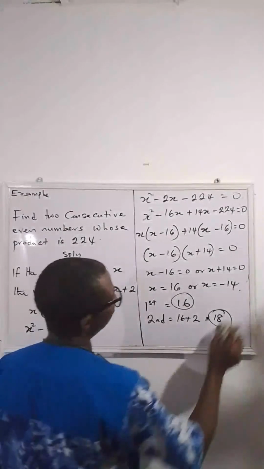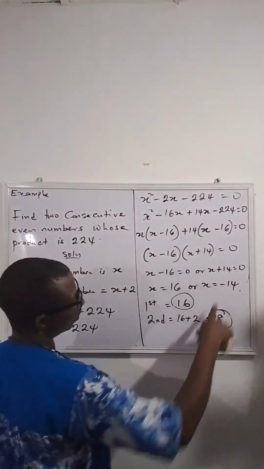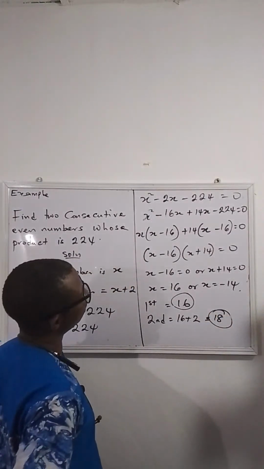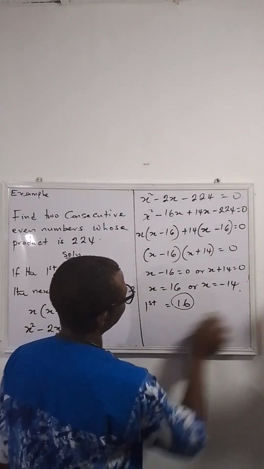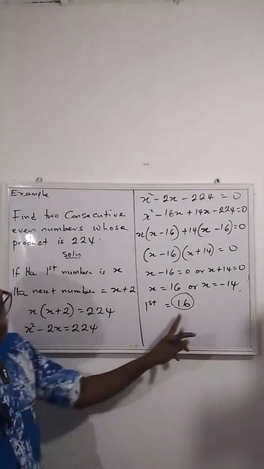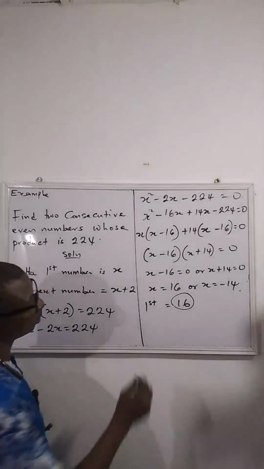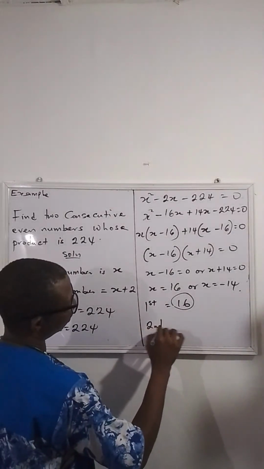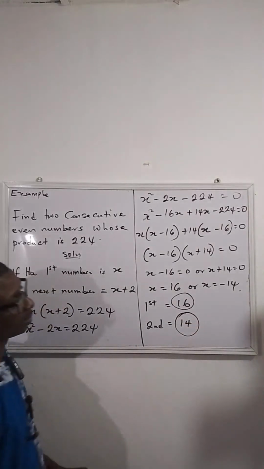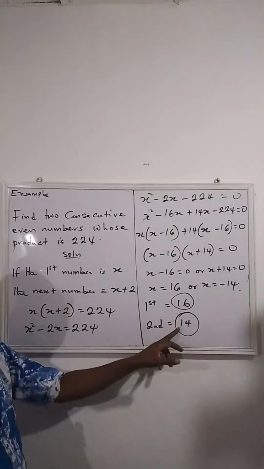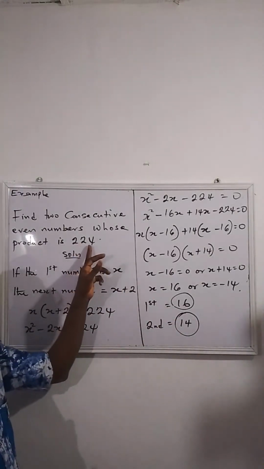If this is the first one, then we have to consider the second one. If this is the first one, the second number is going to be 14, because the multiplication must give us 224.